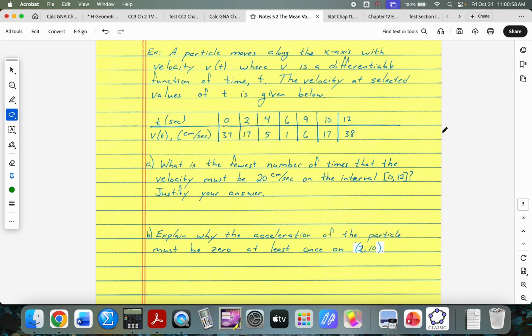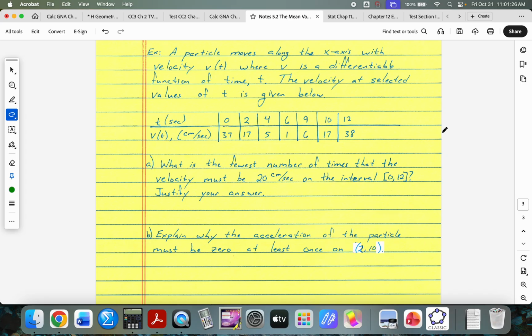All right, so let's take a look at this. What is the fewest number of times that the velocity must be 20 centimeters per second on the interval from 0 to 12? Justify your answer. Well, first of all, velocity is always continuous, right?